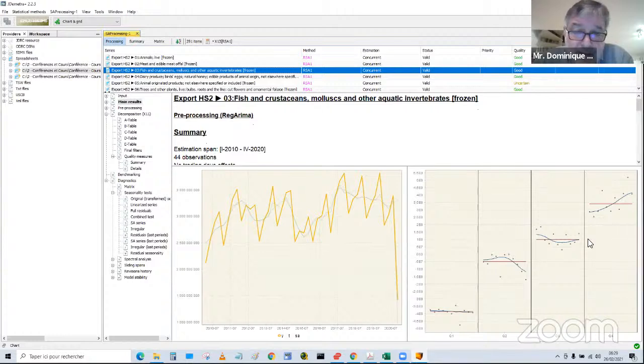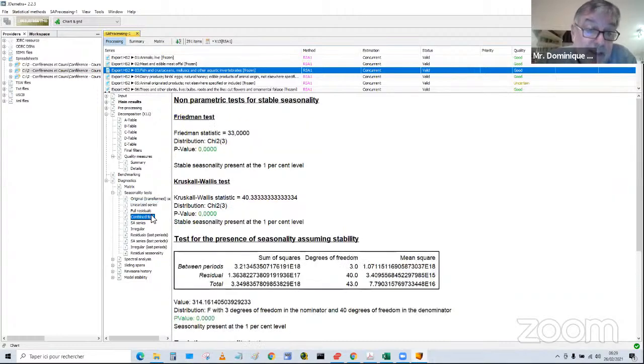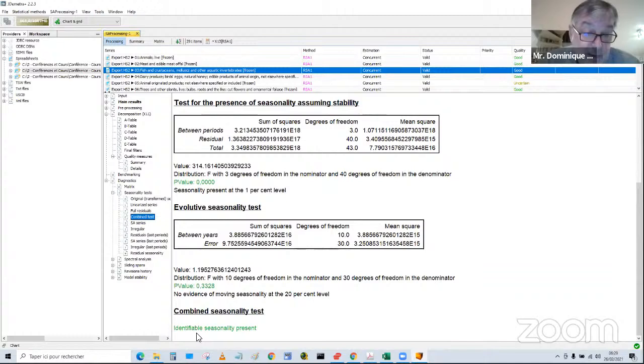So my series is seasonal. The seasonal component looks well estimated. I'm not even sure I will find problems in the statistics. So now I have to check the details, if I can say so. Do I have a seasonal component? Yes, it's clear. Is the combined test similar? Yes.